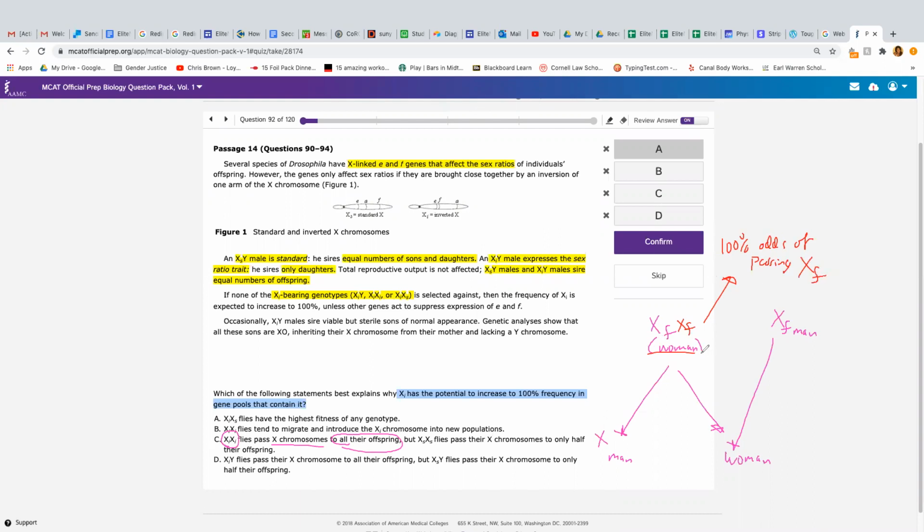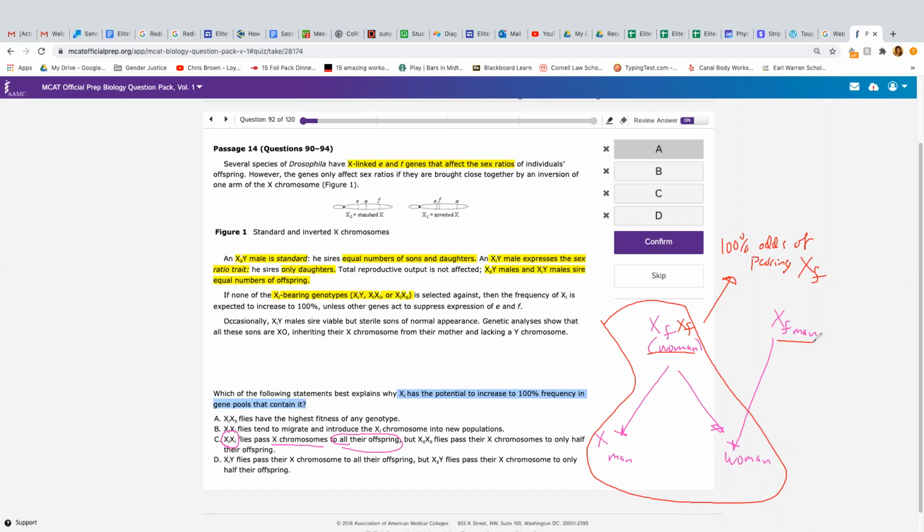So if we start off there and remember that unlike the males, the females actually do pass their allele on to both men and women. And so what that tells us is if you end up with the mutant inside of a woman, right? That woman can pass it on to her daughter and any sons that she has.